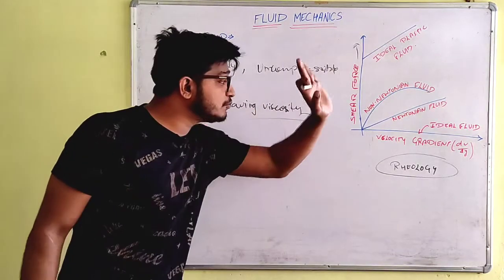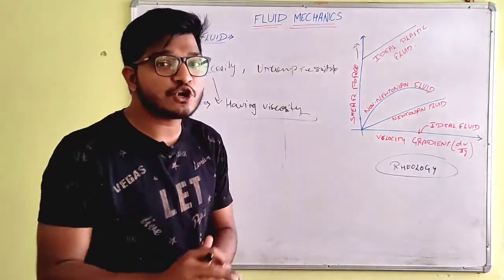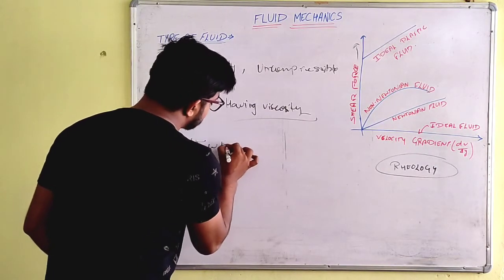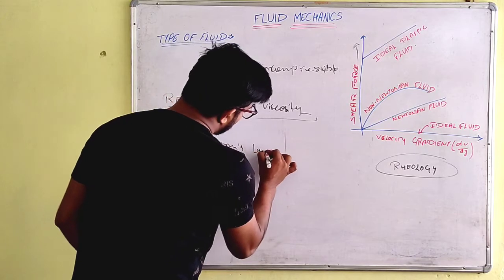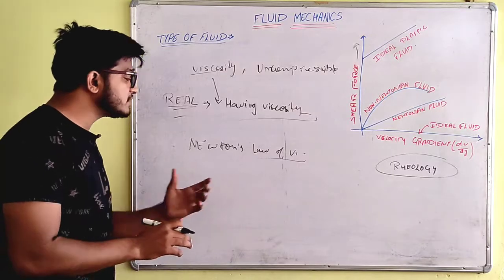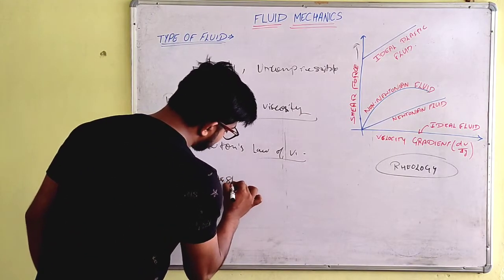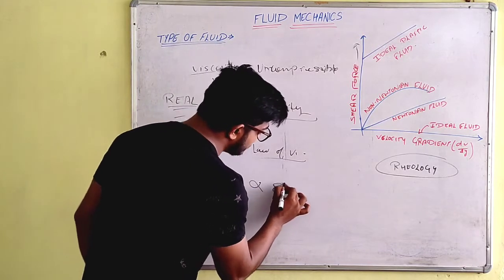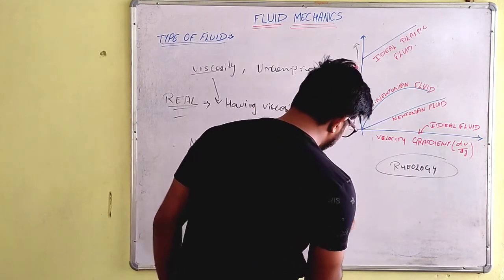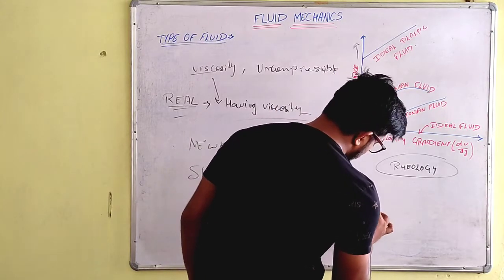Next, jump to the Newtonian fluid. Newtonian fluids are fluids which obey Newton's law of viscosity. What is Newton's law of viscosity? The shear stress is proportional to the shear strain, or we can say the velocity gradient.